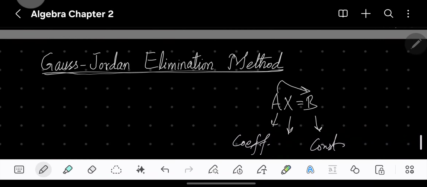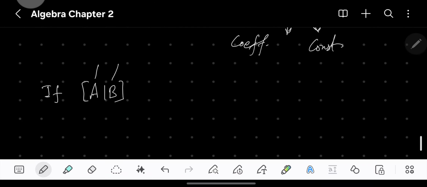Then we can apply the Gauss Jordan elimination method to convert this matrix into row reduced echelon form to find the solution. And this method is called the Gauss Jordan method.